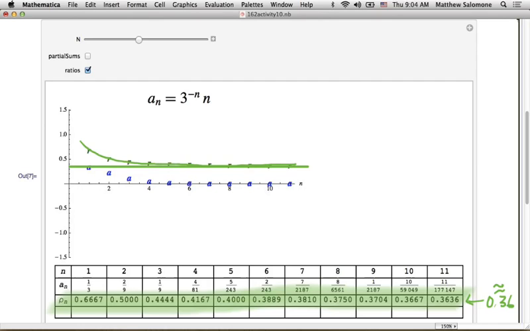Again, that's some pretty good evidence, right? But let's be analytical about it. Instead of numerical and graphical evidence, let's use the formula for A sub n to determine what this asymptotic common ratio is. So what is the asymptotic ratio of this series?